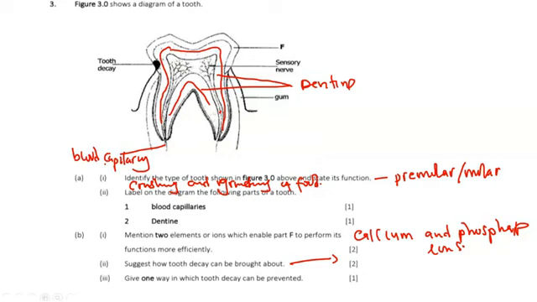When the cavity reaches the dentine, the tooth starts getting painful, and it increases further when the cavity reaches the pulp cavity.